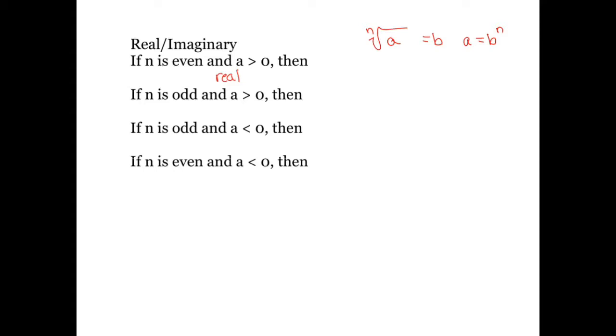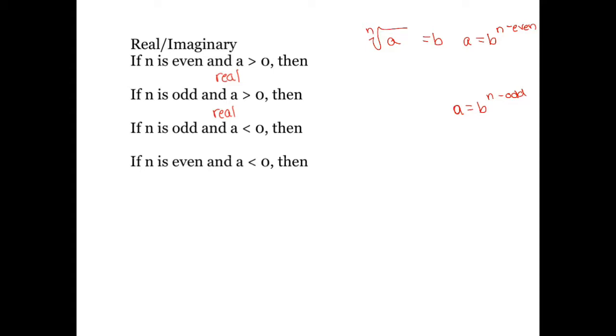If n is odd and a is greater than 0, this is also always going to be real. Because we're really just talking about a is equal to b to the n, where n is odd, unlike this one, which is even. When you raise something to an odd power, you're either going to get a positive or a negative number.